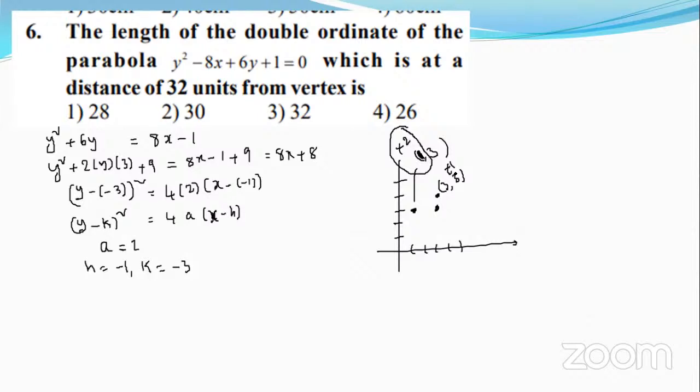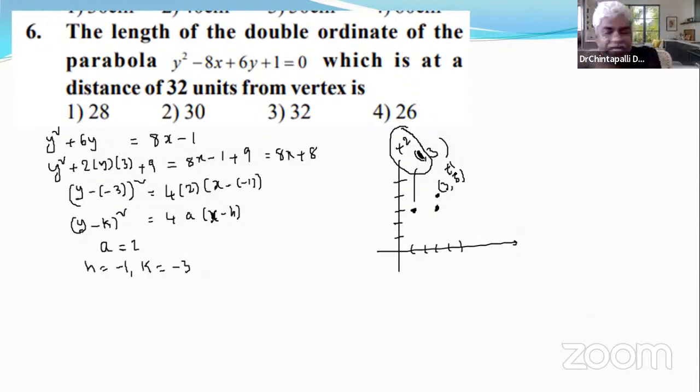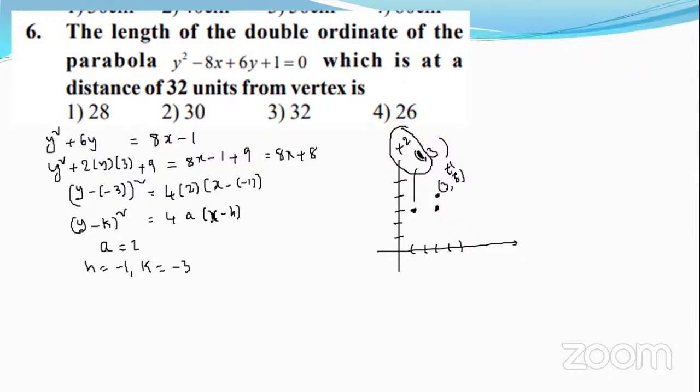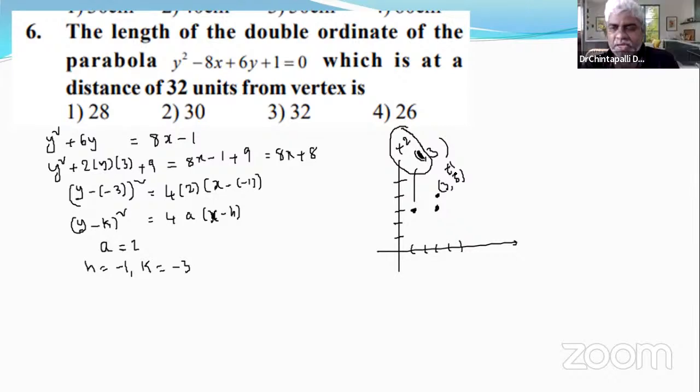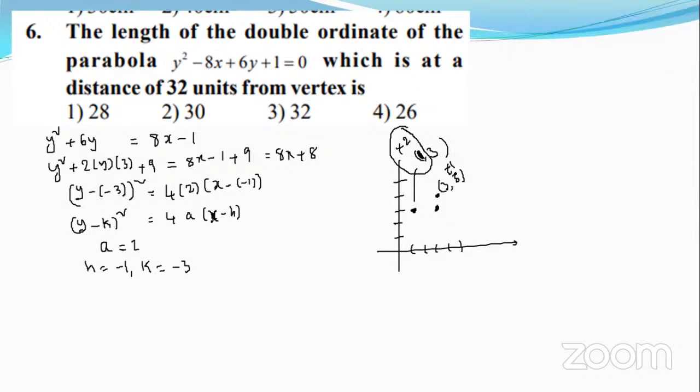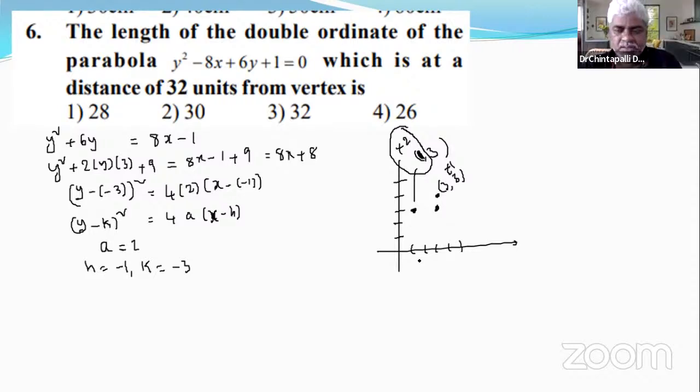Going right side is adding to x coordinate. Going left side is subtracting from x coordinate. Going above is adding to y coordinate. Going down is subtracting from y coordinate. Very good, you know this very well.